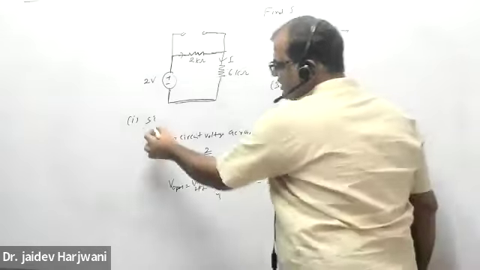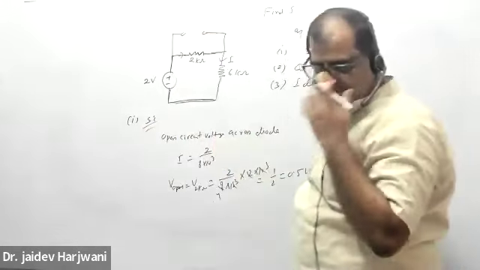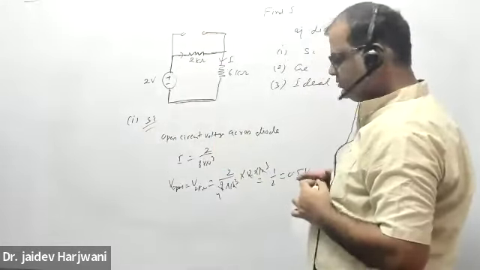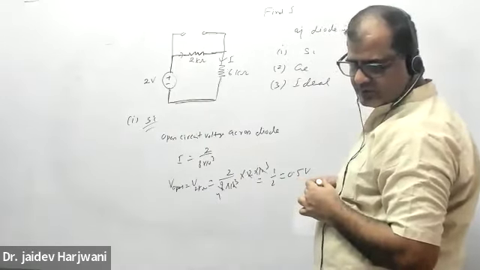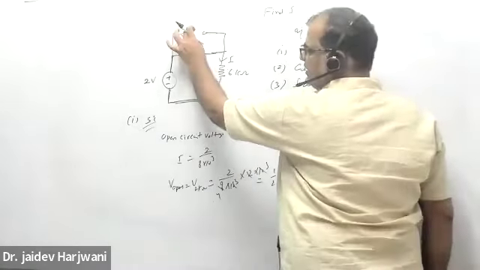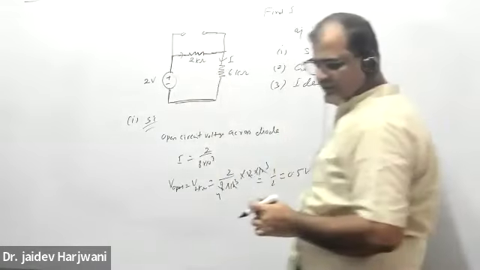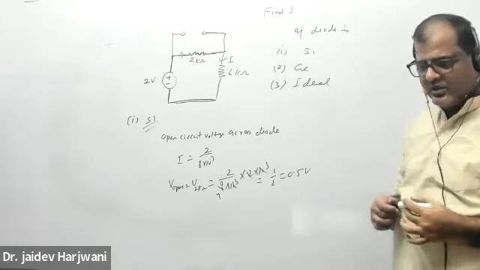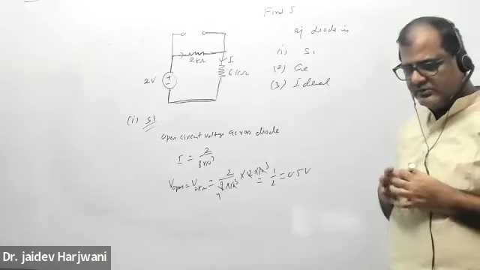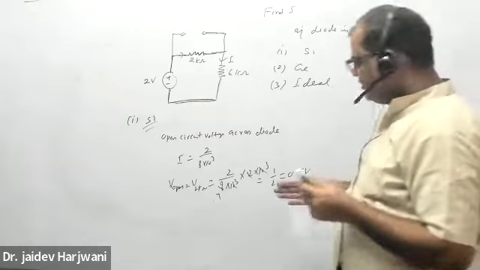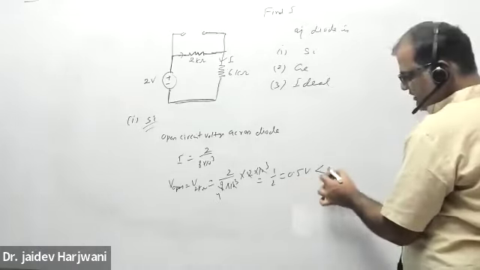So if the diode is silicon, will this be open or closed? If I place silicon here, will that be open or closed? Sir, open. Why? Because this voltage is less than 0.7 volt.